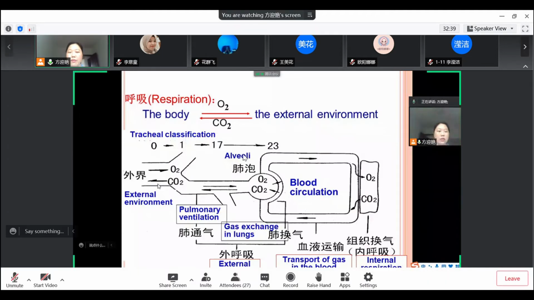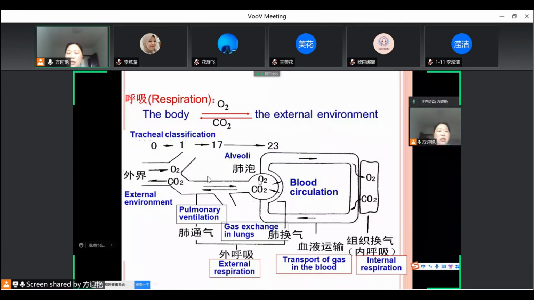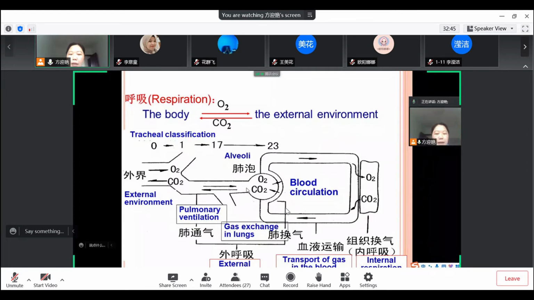We know that gas movement needs force, so who can tell me the direct force of the gas exchange?